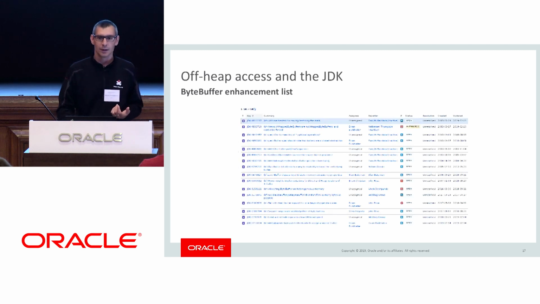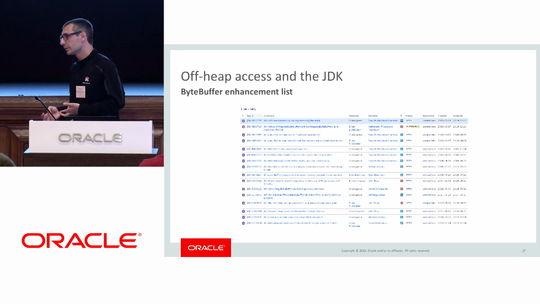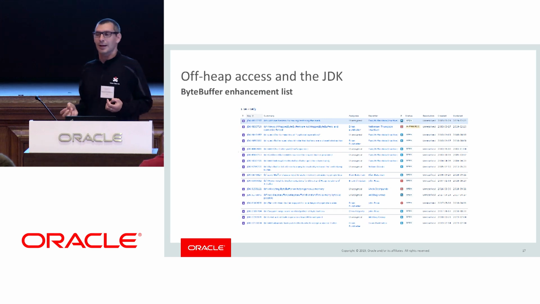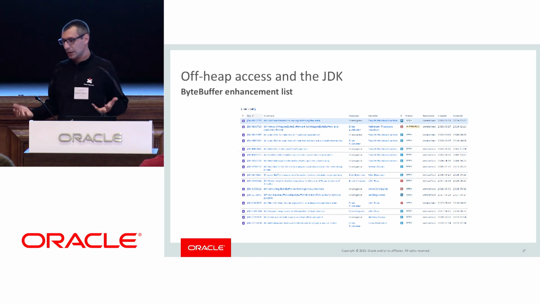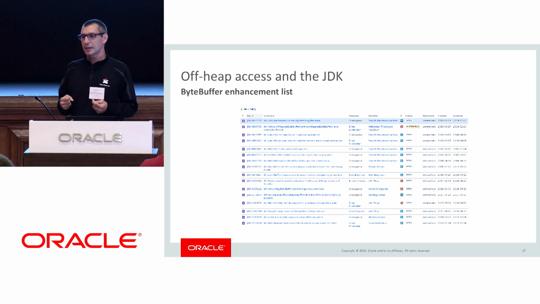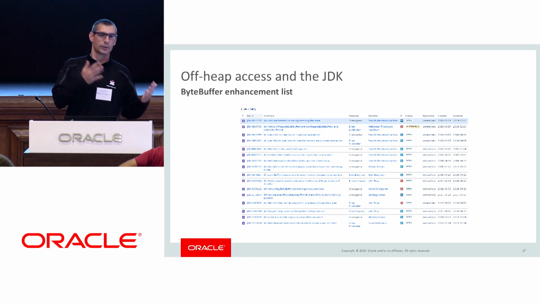There is something. You can use ByteBuffer, as we were saying yesterday. You can create a direct buffer, and you can allocate stuff off heap, and then you can get and put bytes, and that kind of works, but it has limitations. ByteBuffer is an API that has been designed after I/O, so it has limitations in the addressing space, 32 bits.